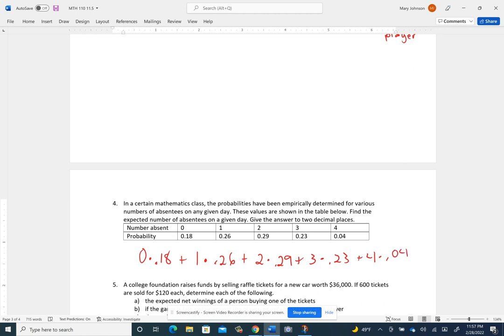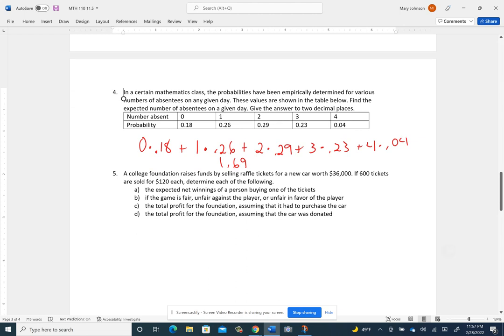Then you would use your calculator to add all of that up. And when you do, you wind up with 1.69. So the expected value would be that we'd have 1.69 absentees on any given day. That would be the answer.